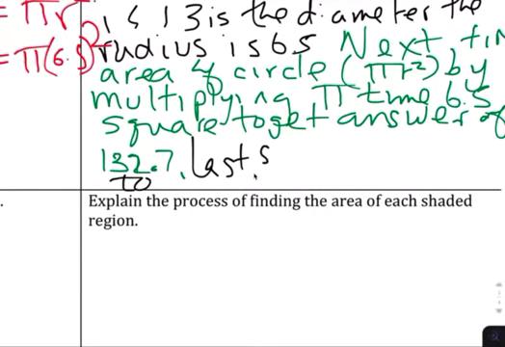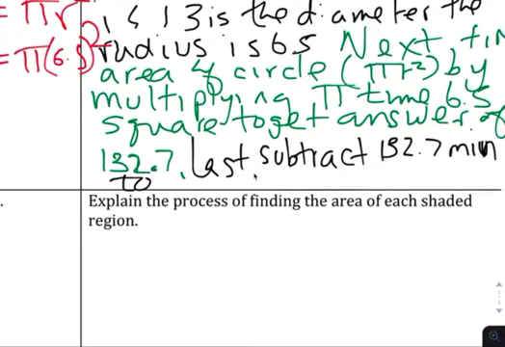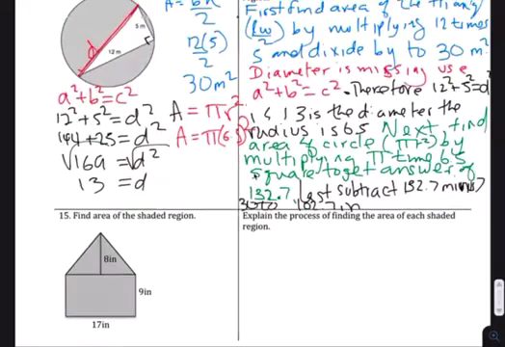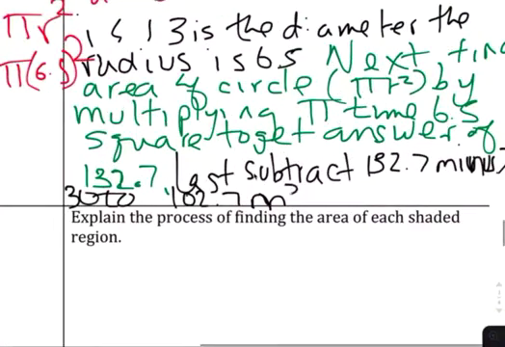Subtract 132.7 minus 30 to get 102.7 meters squared.